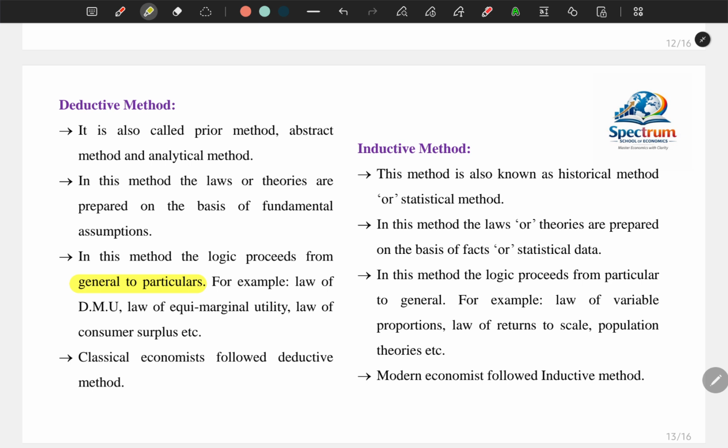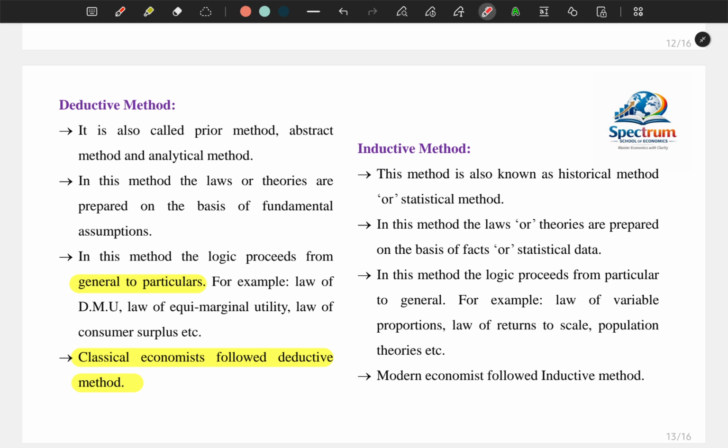For example, the law of diminishing marginal utility, law of equimarginal utility, law of consumer surplus, etc. The classical economists followed the deductive method.